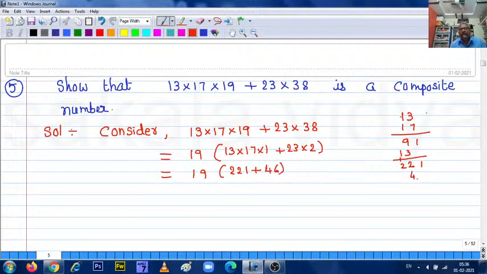Add 46, 267 you will be getting. So 19 into 267. So it has two factors. So that's why it is not a prime number. Therefore, it is a composite number.